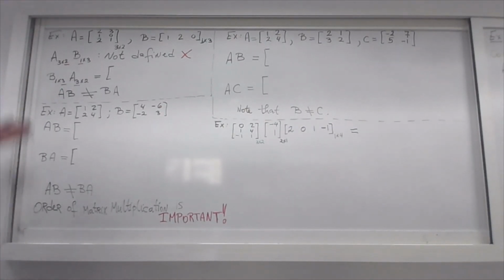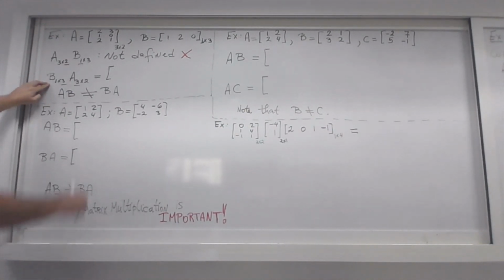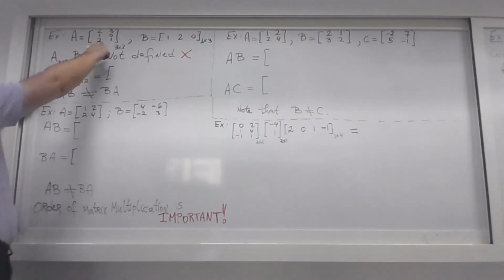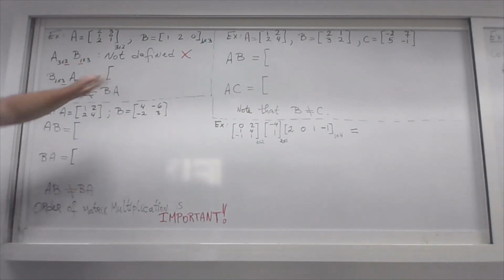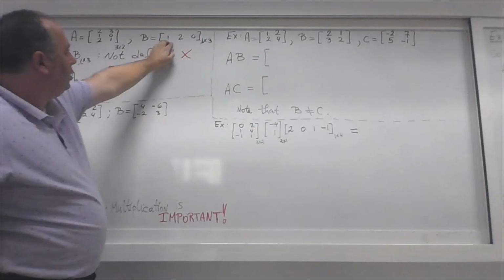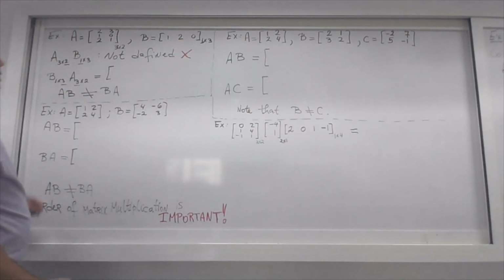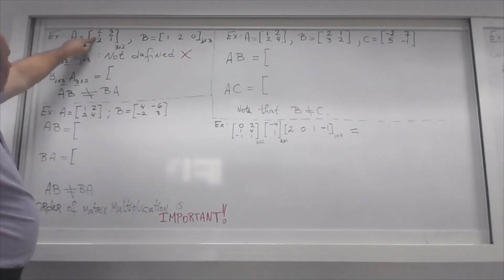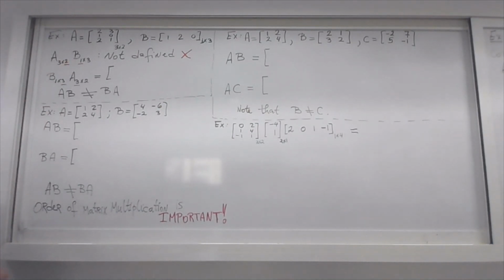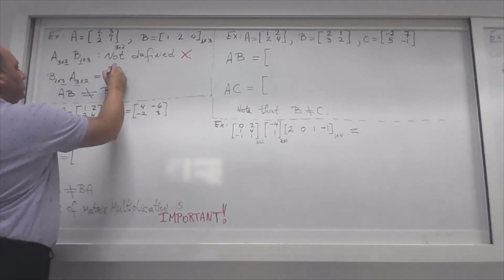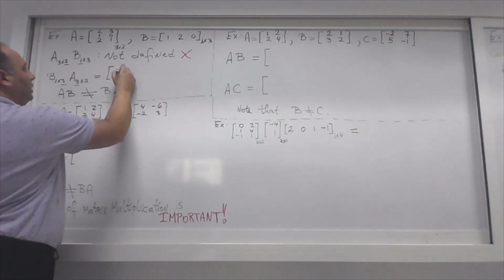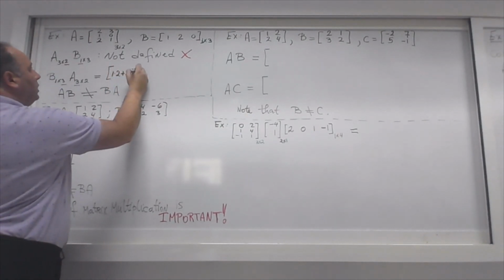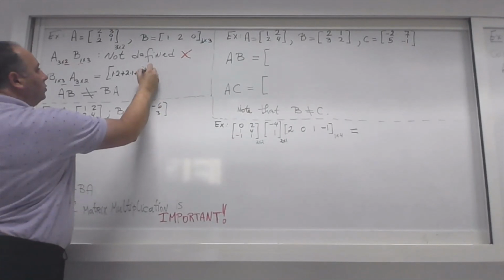So how does it work? I need to take row 1 from B and then do the dot product with column 1 of A to compute entry 1,1. So let's take row 1 from B, dot product with column 1 from A, and get entry 1,1. So 1 times 2 plus 2 times 1 plus 0 times 2.